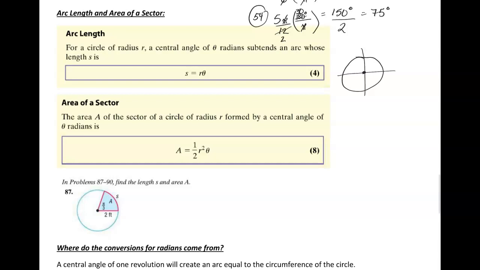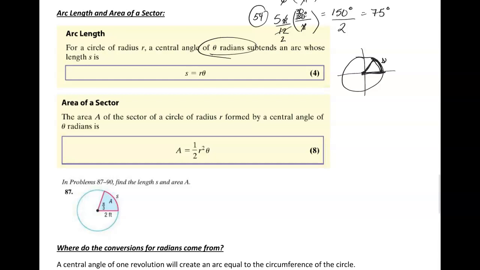When they're talking about a central angle, they're talking about an angle that starts at the center and measures out. So here's the angle that we're talking about. The measurement they're looking at, the arc length, is this side here, s. What would be the measure of that arc for that angle that cuts into that circle? And to measure that, we really have to have theta in terms of radians. That's going to be important.